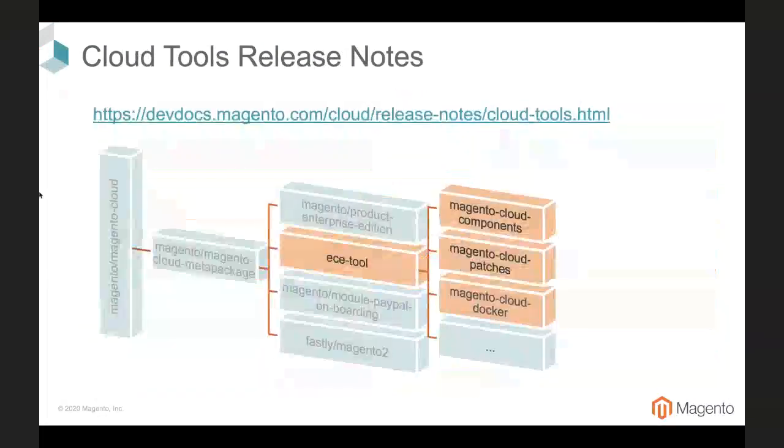Actually, that's it, and I just want to show you the link if you want to read all our release notes related to our tools. And right now, by our tools, we mean ECE-Tools, Cloud Components, Cloud Patches, Cloud Docker.